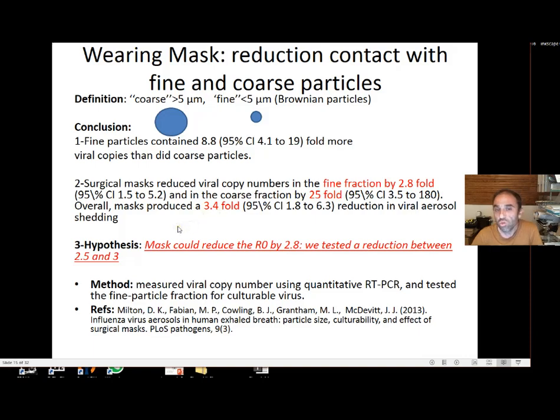So we are going to use this information to hypothesize that masks could reduce the R0, which is the number of people that an infected person can infect during the time of infection of this person. And we're going to use two numbers, 2.5 and 3. So we are going to assume that wearing masks can reduce R0 by 2.5 and 3, and see what would be the consequence after deconfinement.